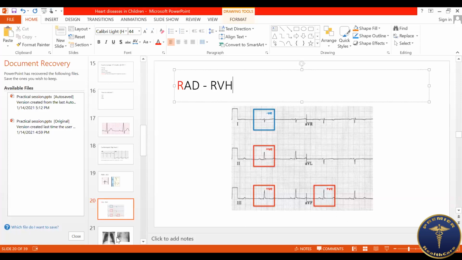Left axis deviation. This is right axis deviation, right? So what is the pattern? In right axis deviation, you get what is called a reaching pattern. Who reach together? It's lead 1 and lead 3. Lead 1 and lead 3 would reach together.